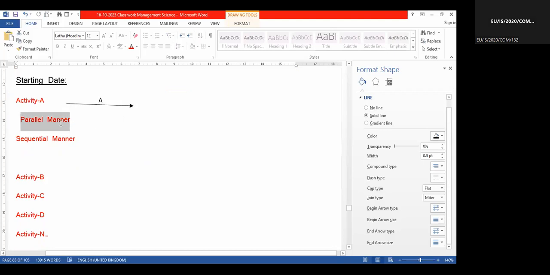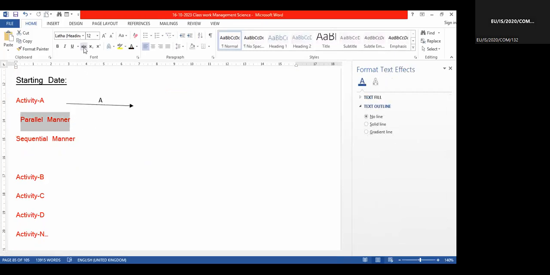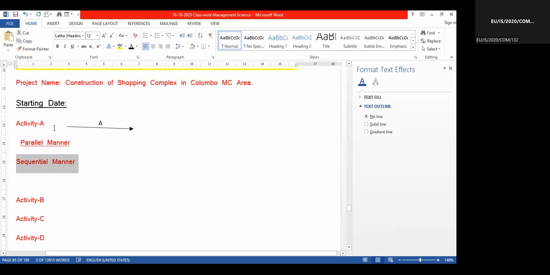I told you that these activities have a relationship among themselves that may be sequential or parallel. Sequential means one after the other. Parallel means something happening at the same time. Every activity has a definite starting and ending.